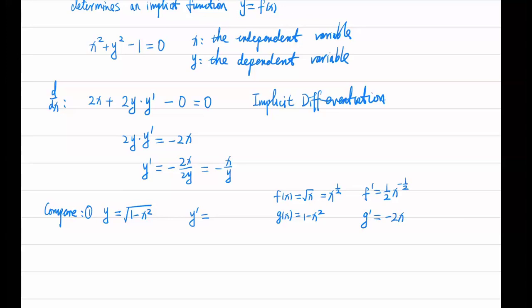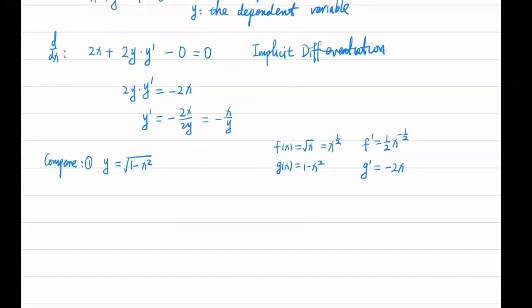Now we can write down the derivative. We start from here.